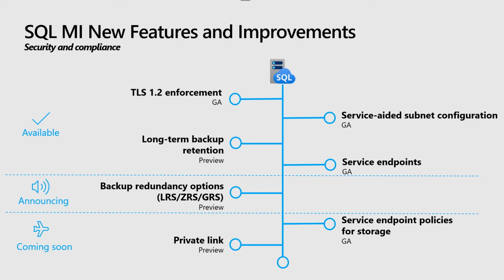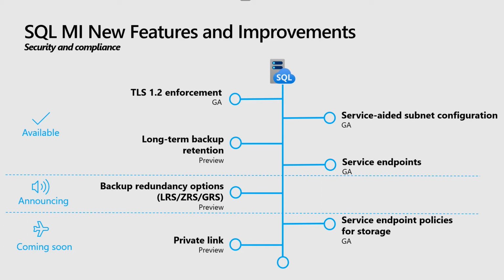With locally redundant storage, you have a low-cost solution for your non-prod dev test environments where you can easily restore data from some other systems. So if these systems are not a single source of truth, you can rely on locally redundant storage.